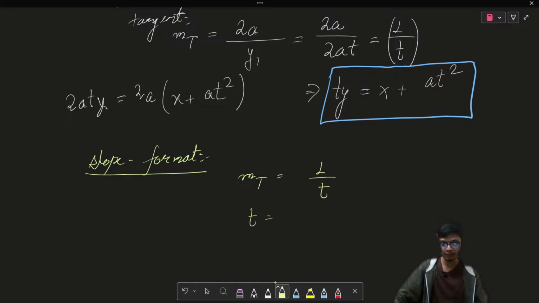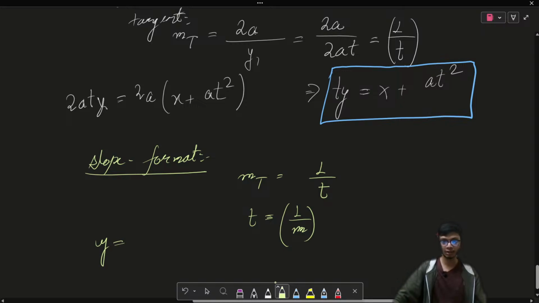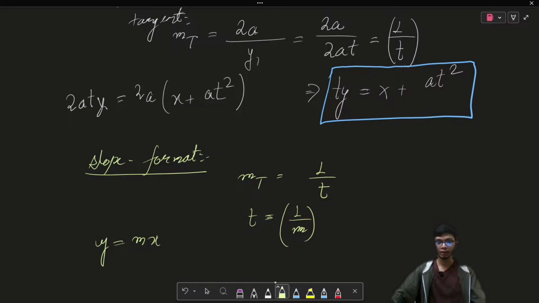So therefore, I will have t as 1 upon m, and in this manner, I can replace this equation of ty is equal to x plus at square, sorry, y equals to, so I'm substituting t as 1 upon m, then I can cross multiply with m on the right hand side, so it will become y equals mx plus a upon m.